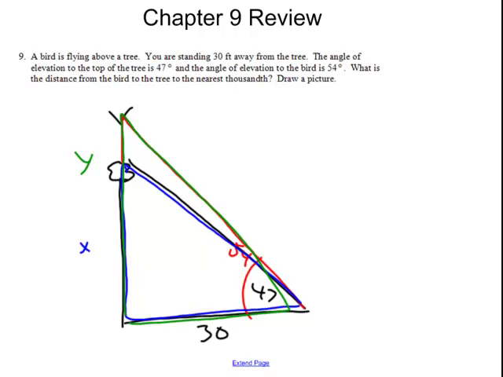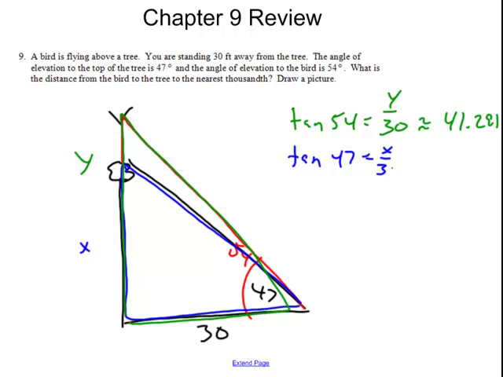And so the height of the bird we're going to find by saying the tangent of 54. Let me keep it color coded here. The tangent of 54 is equal to y over 30. 30 times the tangent of 54 is approximately equal to 41.291. And then I've got the height of the tree. The tangent of 47 is equal to x over 30.